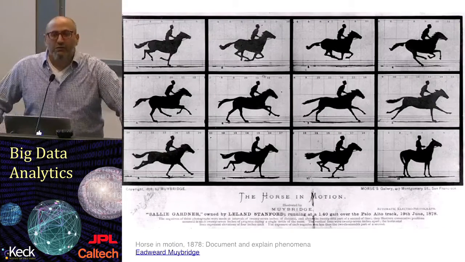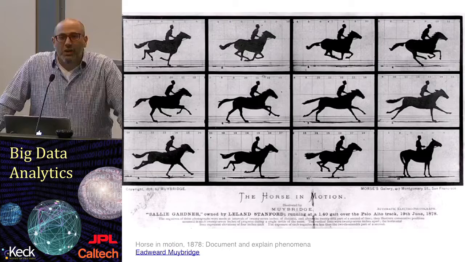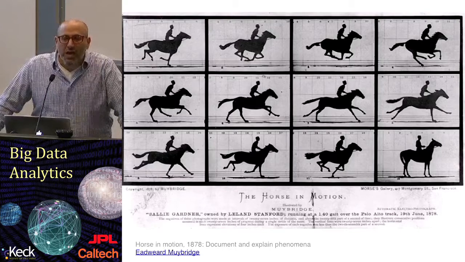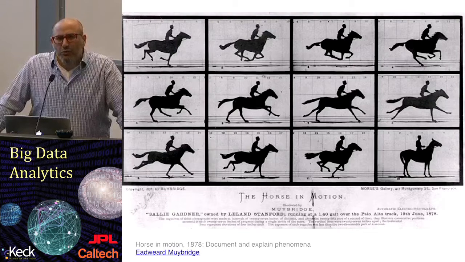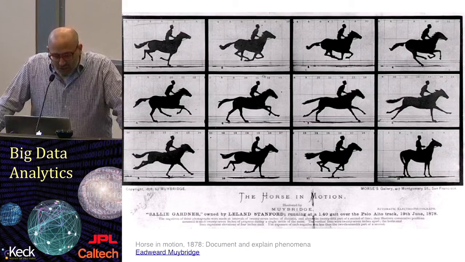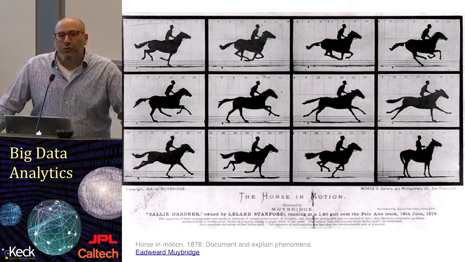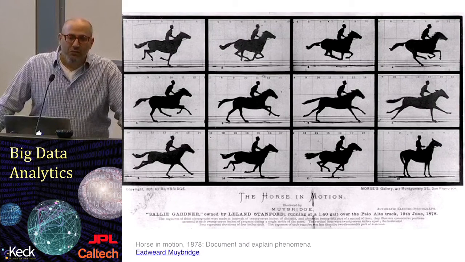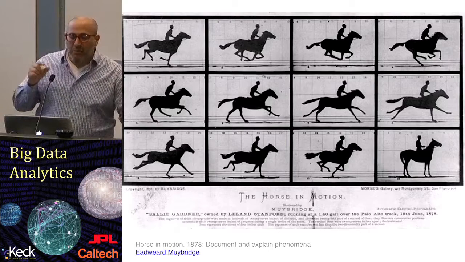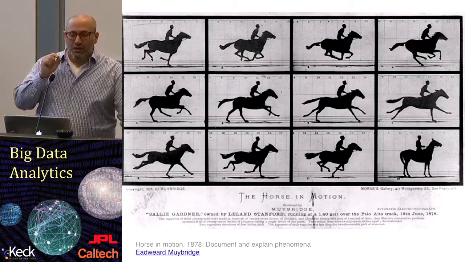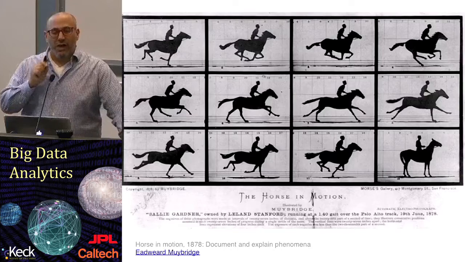Another thing that visualization has allowed us to do is to see things that simply happen at a level that's not available to our perception. If you look at this picture from the very beginnings of photography, Muybridge determined a method to capture frames of film very rapidly.